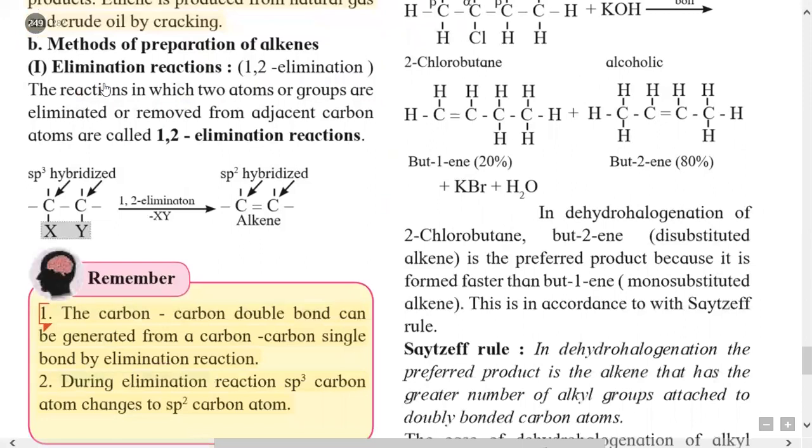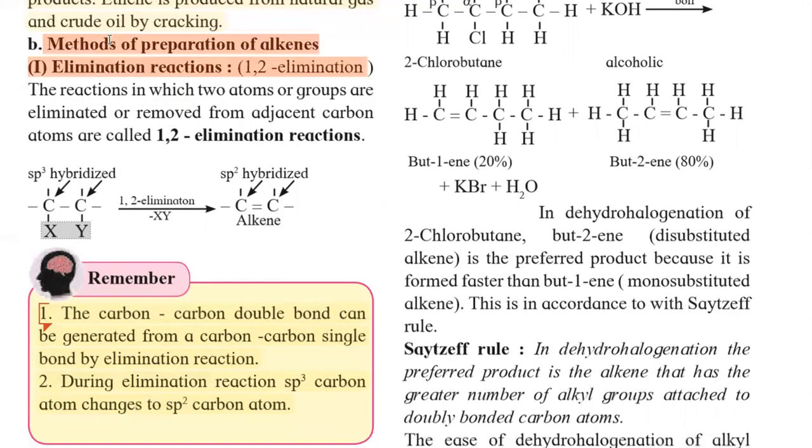Next, in the B part, we will study methods of preparation of alkenes. The first type of methods comes under the heading elimination reactions. We know elimination means removal of two groups from adjacent carbon atoms.